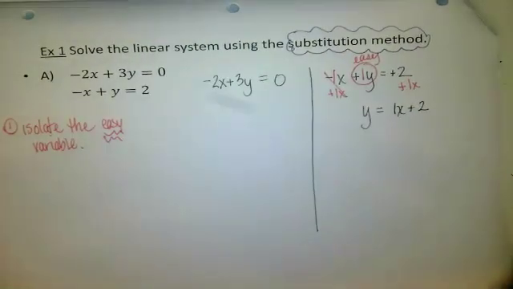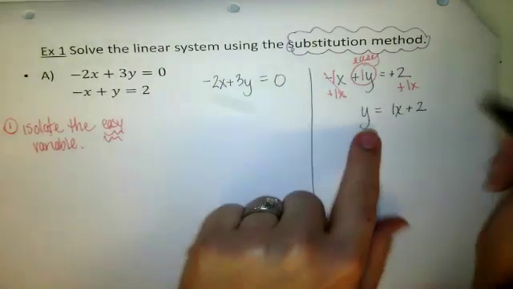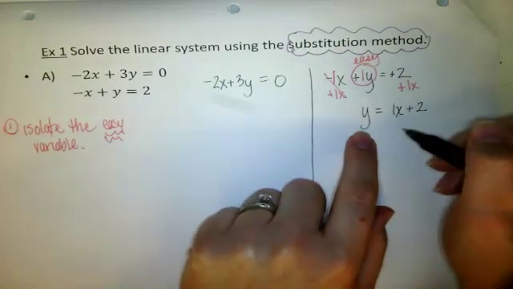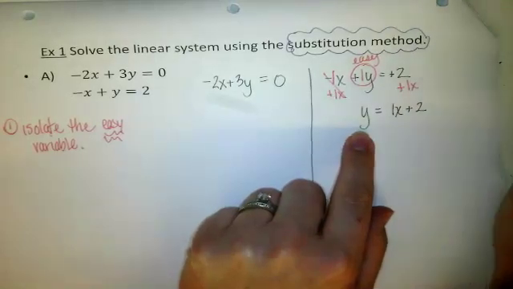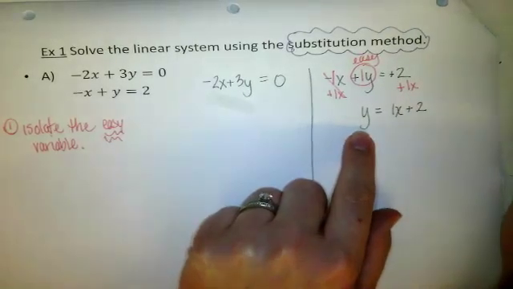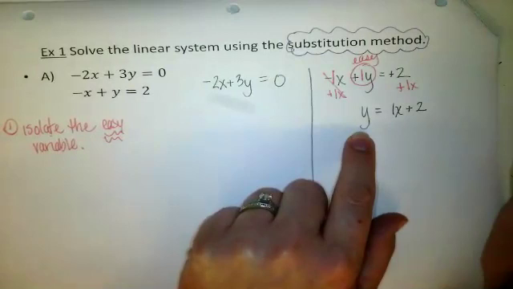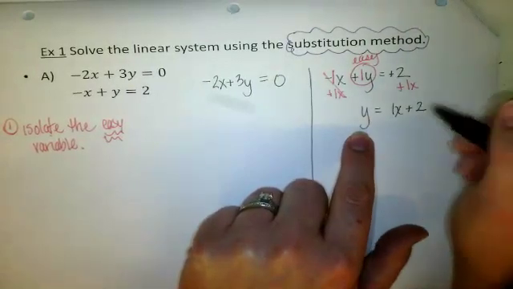Now, substitution means to substitute, okay? We are substituting one thing for another, and what's really important is that you understand what an equation actually means. And I explained this to my 5th grader last week. She had a little logic problem that was like this.